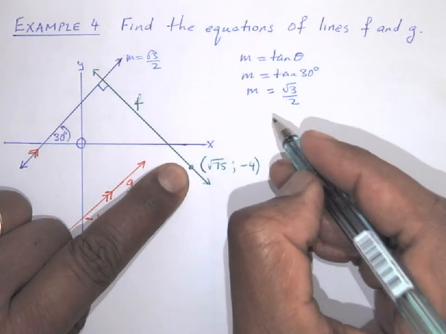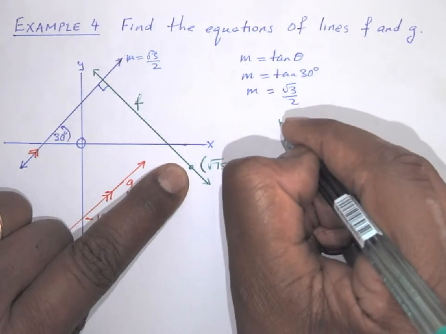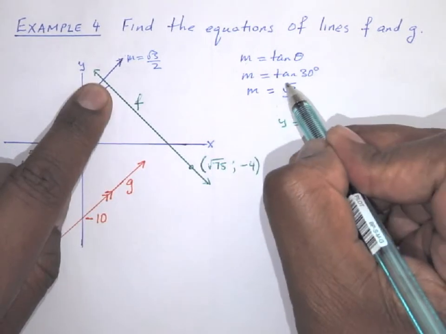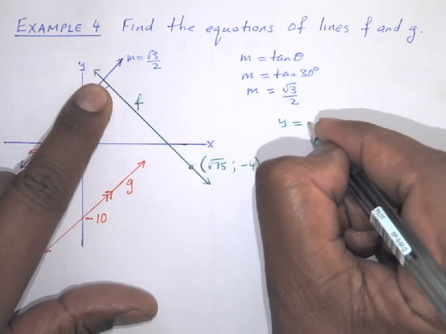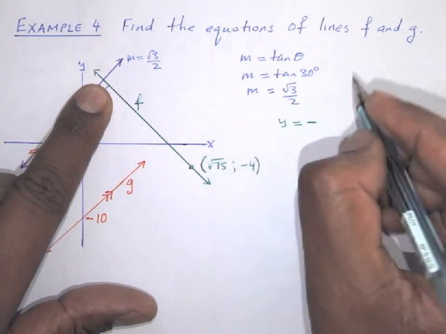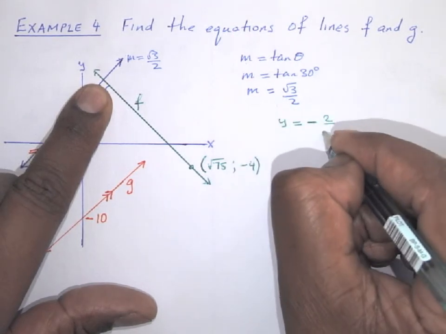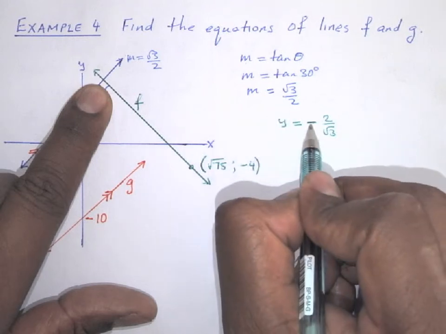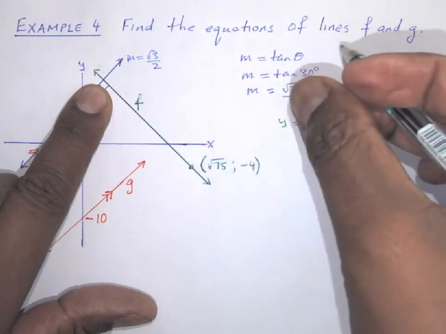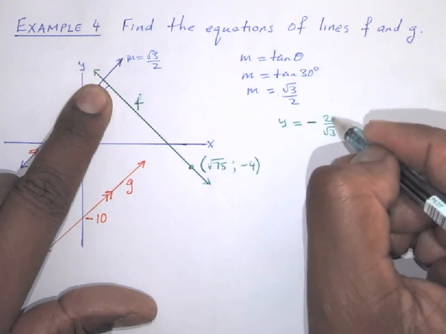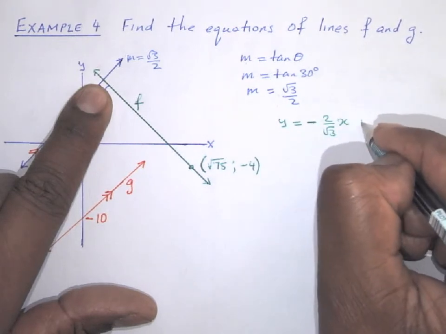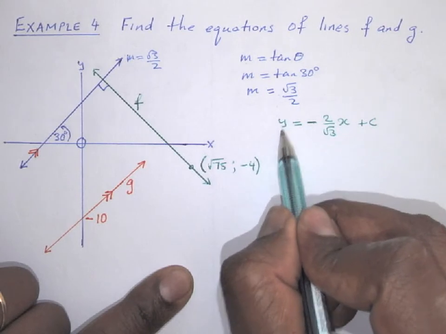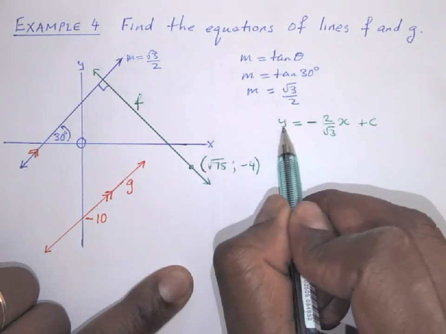The equation for the green line is y is equal to, because they are perpendicular, change the gradient around, and it becomes negative 2 over root 3. Note, one is positive, the other one is negative. If they are perpendicular, then we turn the numbers around. So there is a gradient, then x, then plus c. Now to find the c value, I'll have to substitute the point which is on this green line, the y and the x.